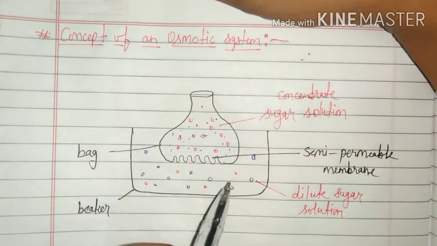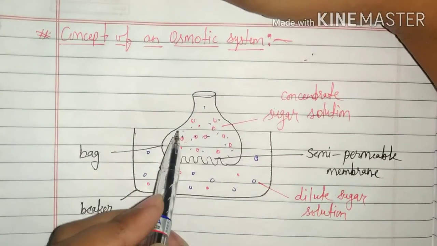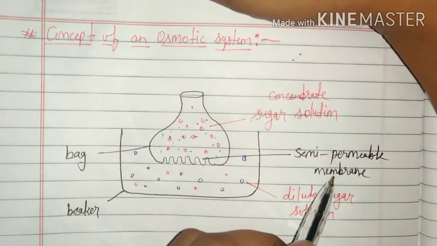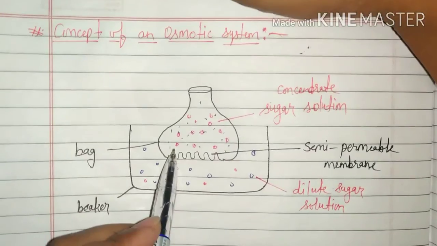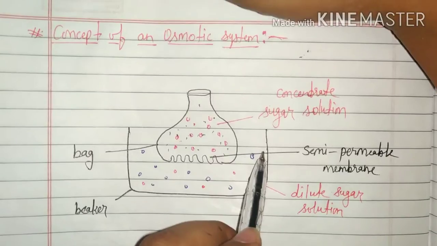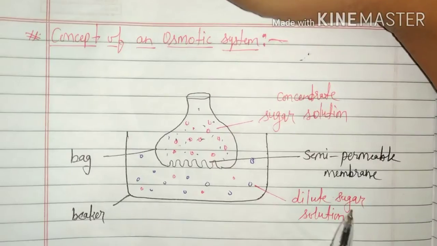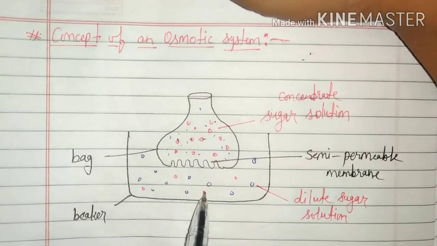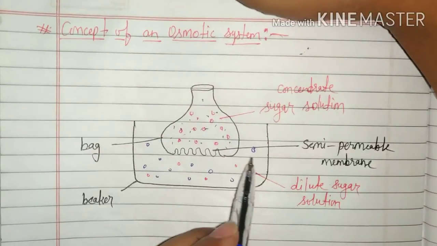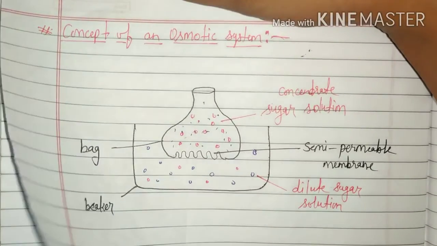Due to this, it becomes a concentrated sugar solution. This bag is kept in a beaker which contains dilute sugar solution. It means in this beaker the amount of sugar is less compared to the bag solution.